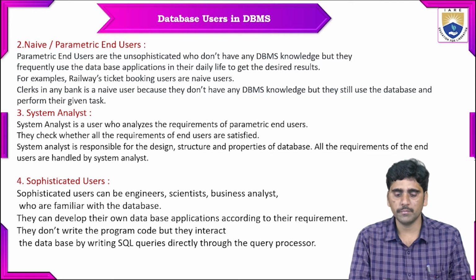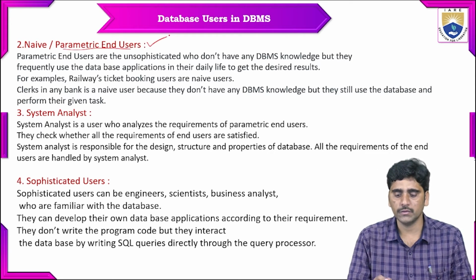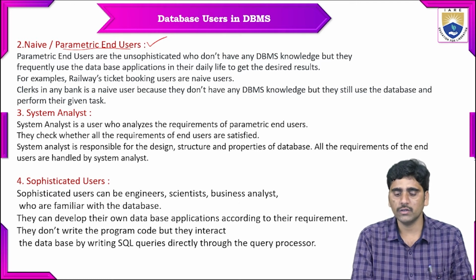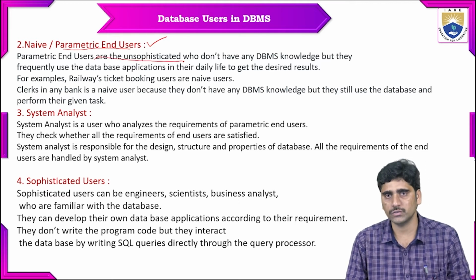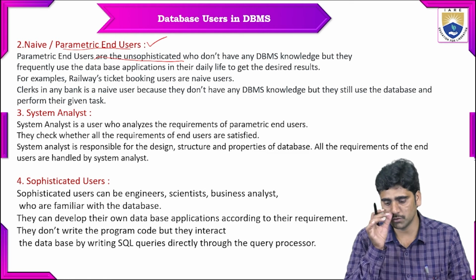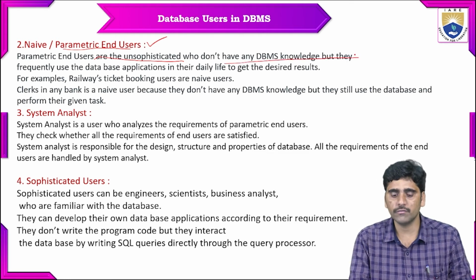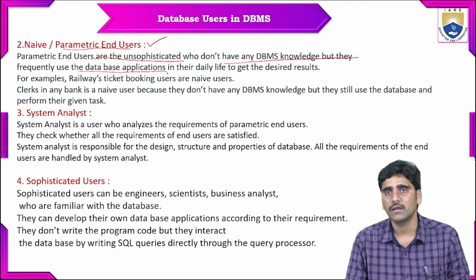And the second type is naive or parametric end users. These are unsophisticated users who don't have any DBMS knowledge, but they frequently use database applications in their daily life to get results.